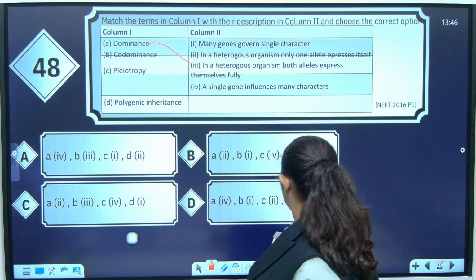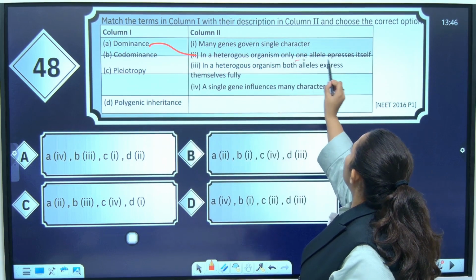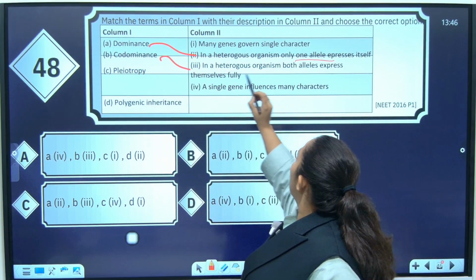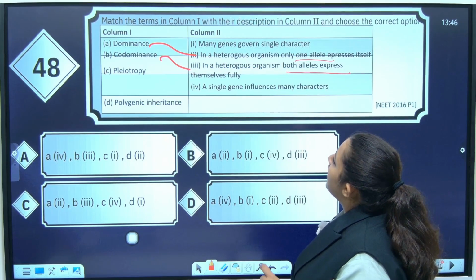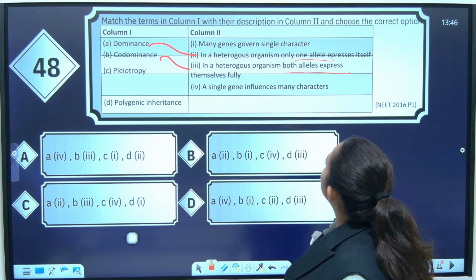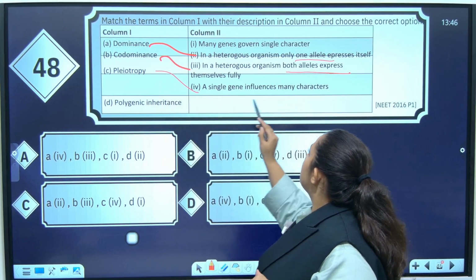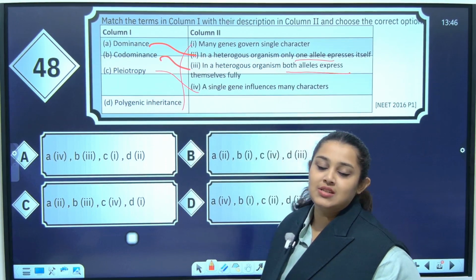Then codominance, both express themselves fully. Okay. Next, pleiotropy, many genes govern a single character. No, a single gene influencing many characters. And polygenic, many genes govern.